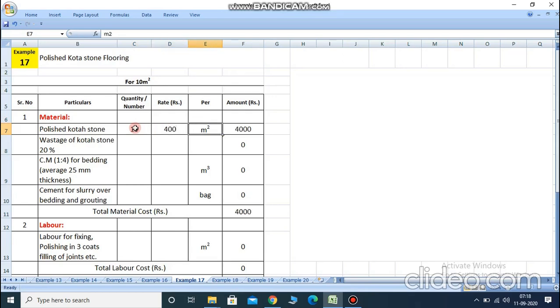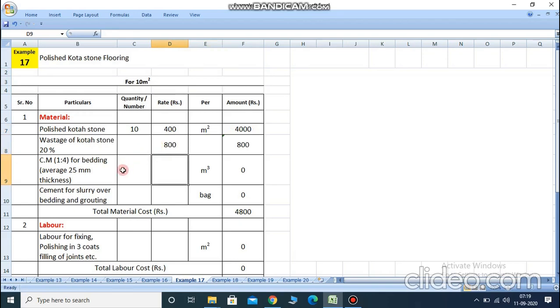So we got the answer 4000 rupees. Then wastage of Kota stone at 20%. So 4000 multiplied by 20% is 800 rupees.